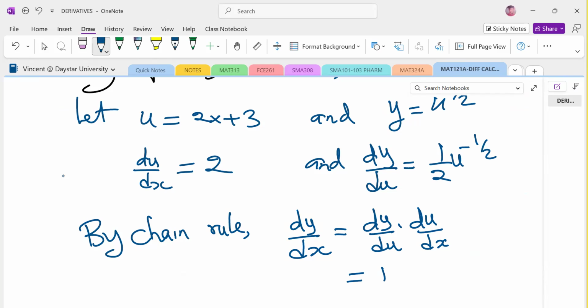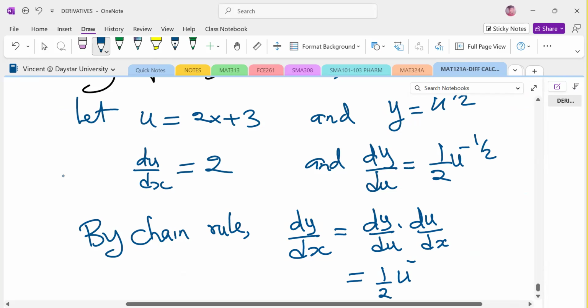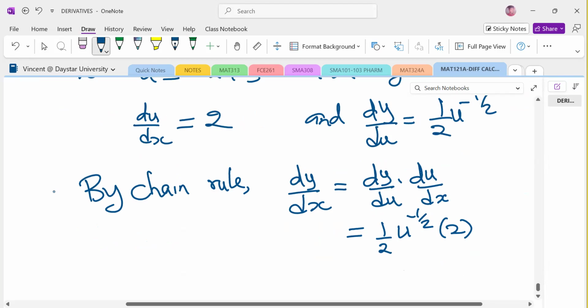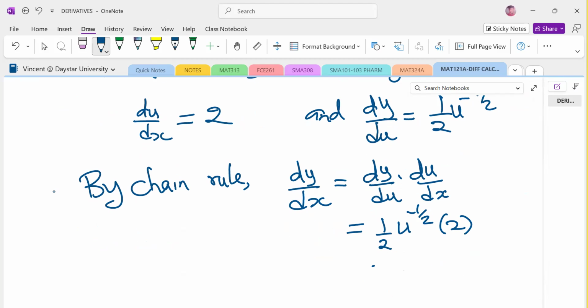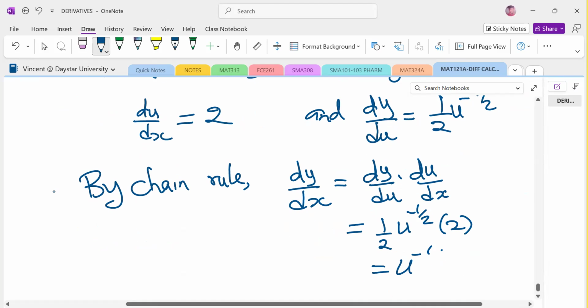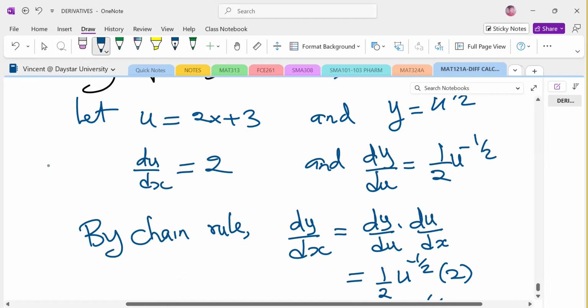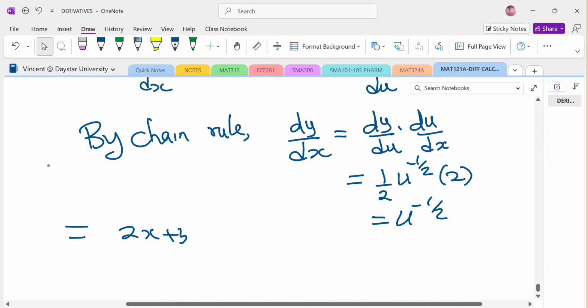So which will be a half u power minus a half times du dx, which is 2. So the 2 and a half cancel out. So this just leaves us with u power negative a half. So which will give us 2x plus 3 raised to the power minus a half.